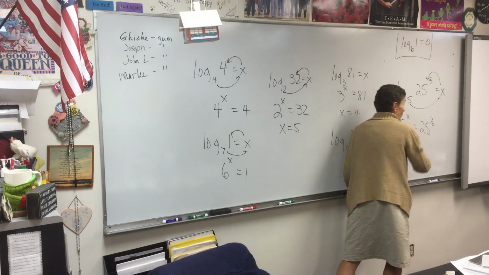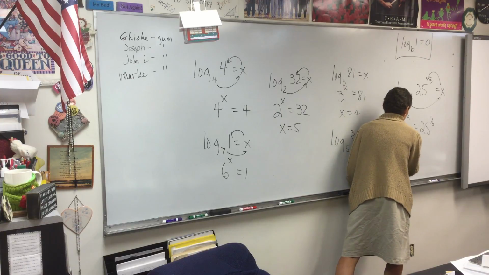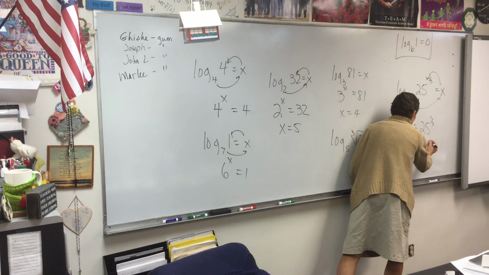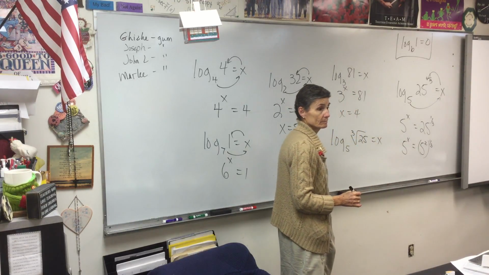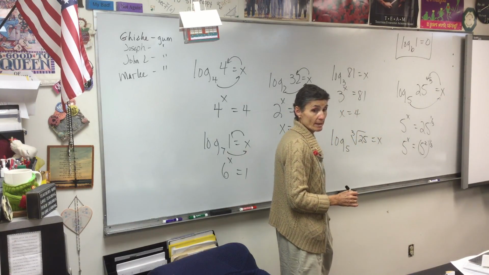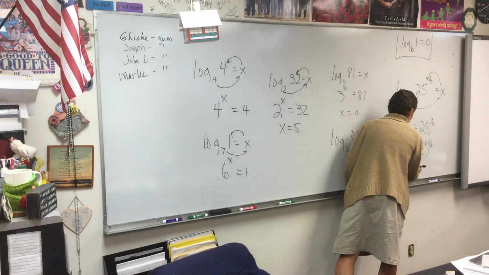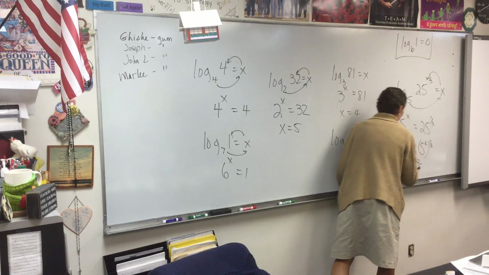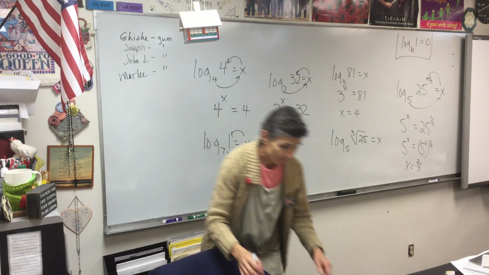We're going to change that 25 into a 5 squared. Right? So what's x? 2/3. Yep. X is 2/3. Very good.